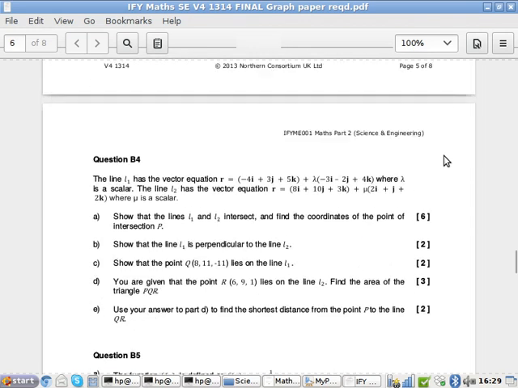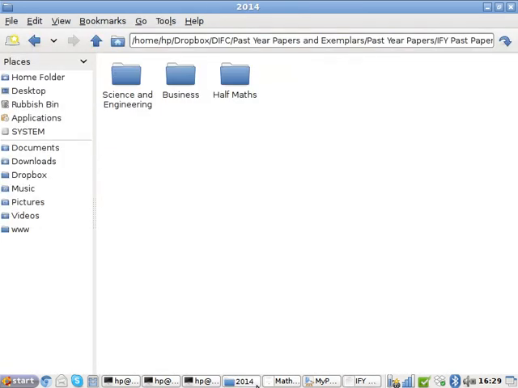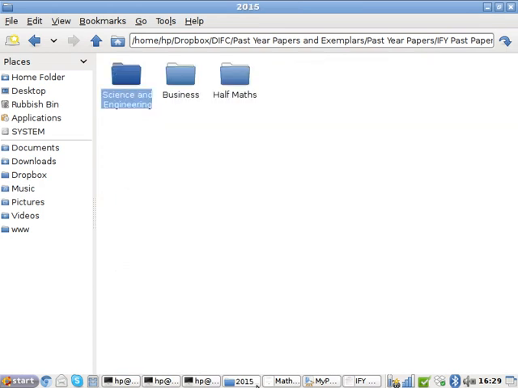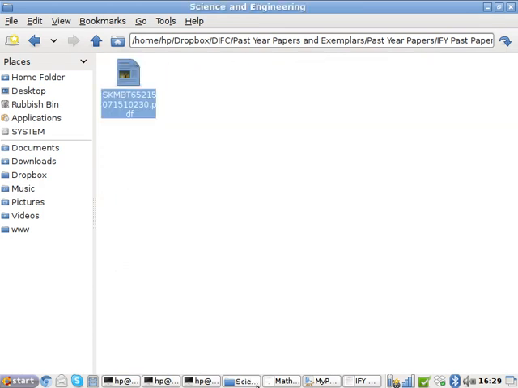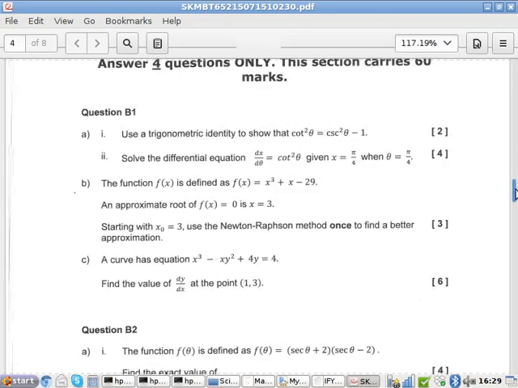Okay, we've finished vectors. Let's have a look at another exam vector question. I want to try and find something recent. Oh wait, I do have something more recent. Okay, let's have a look here. Vectors.